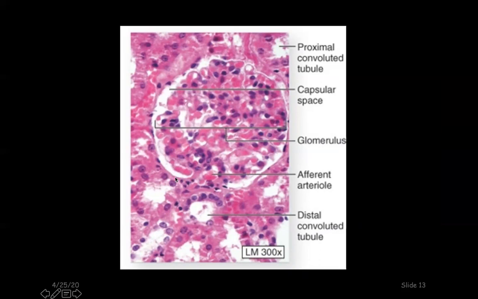And then you'll be able to see the simple squamous lining of the renal capsule. And you'll be able to see some of these simple cuboidal cells that are lining either the proximal convoluted or distal convoluted tubule. And again, you don't need to be able to tell those apart.